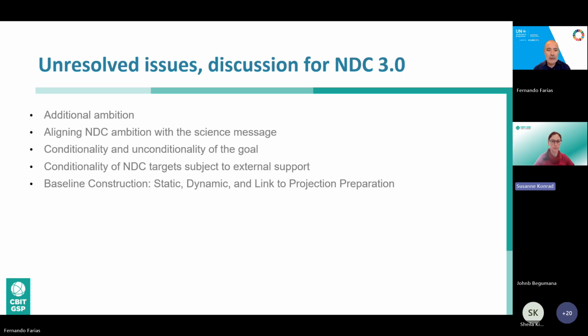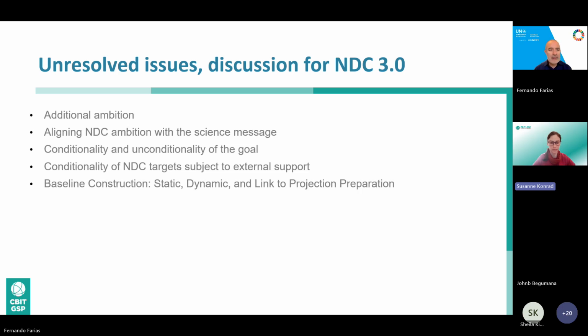I think the preparation of the NDC 3.0 will be particularly useful for countries to have their own conversation on how to increase ambition, what can be done in practical terms to comply with this Paris Agreement statement, and also to align the country's ambition with the science message that tells us we shouldn't go beyond certain levels if we want a stabilization of the temperature of the planet.